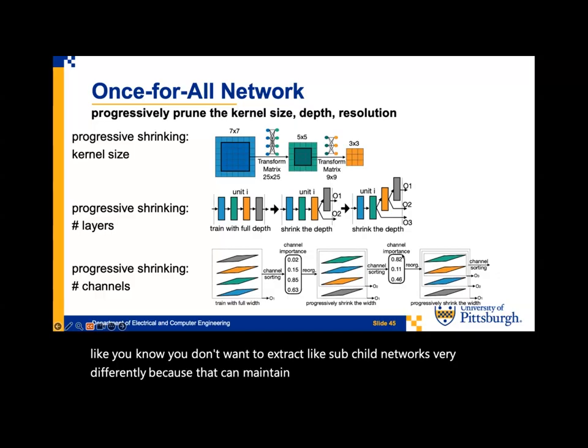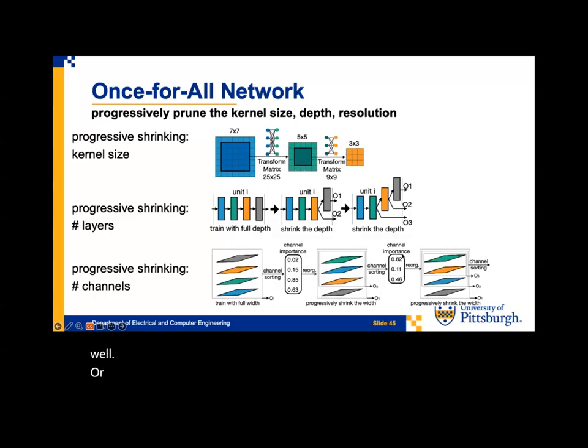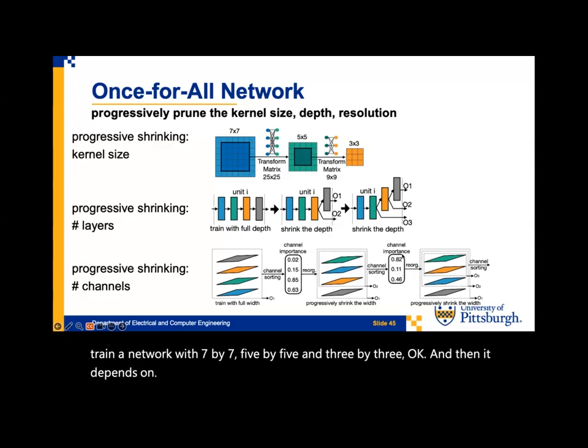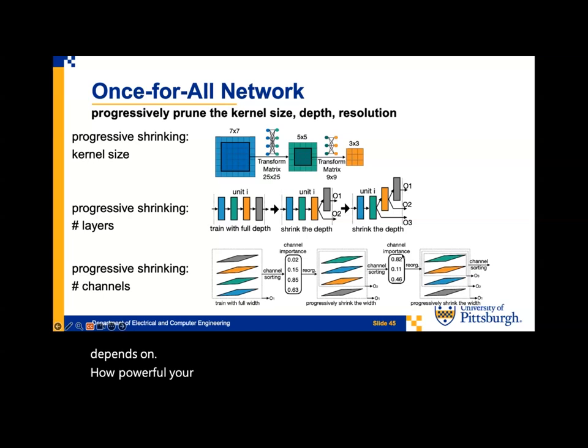So the idea is that for the kernels, it's like progressively shrinking the kernels. I'm going to train a network with 7x7, 5x5, and 3x3. Then it depends on how powerful your hardware is. I'm going to pick the corresponding kernel.